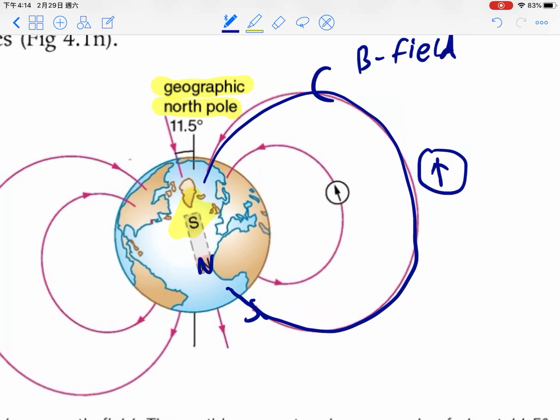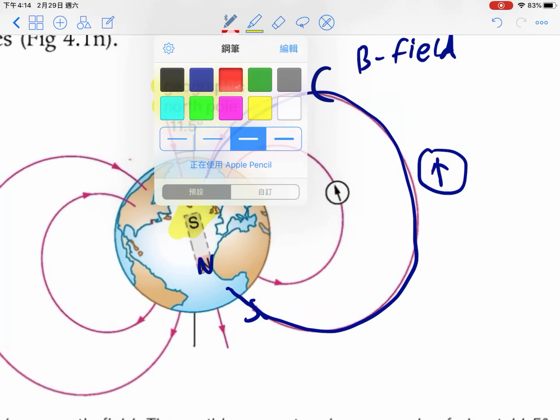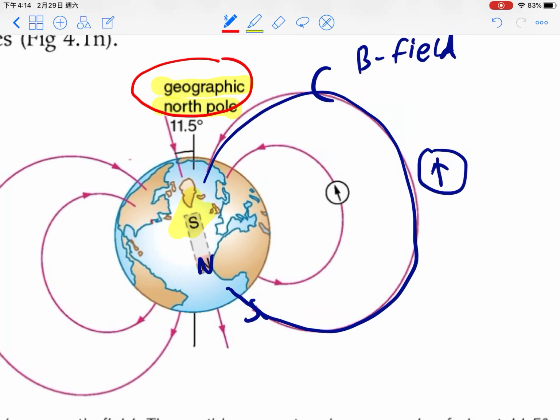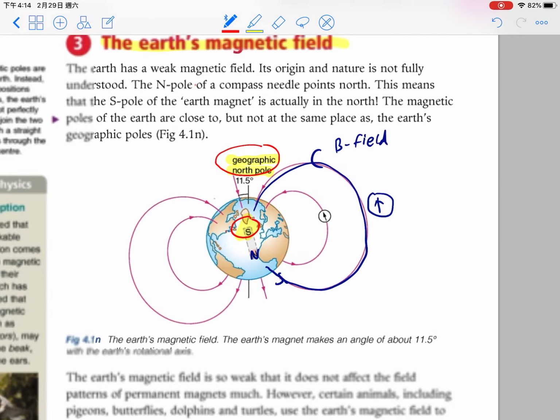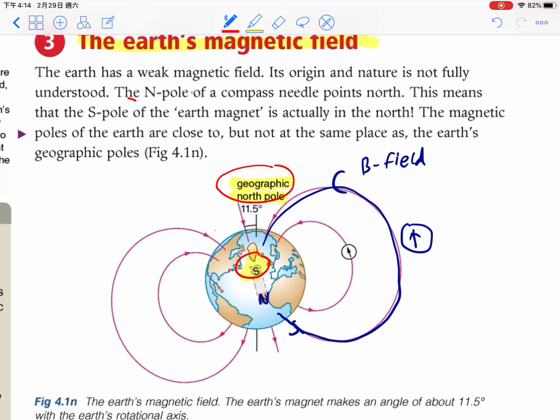In geography we know it is the North Pole. However, in physics, it will be the South Pole. The keyword is: the South Pole of the Earth magnet actually is in the north. This is amazing and very interesting. Please remember this. Put a star here.